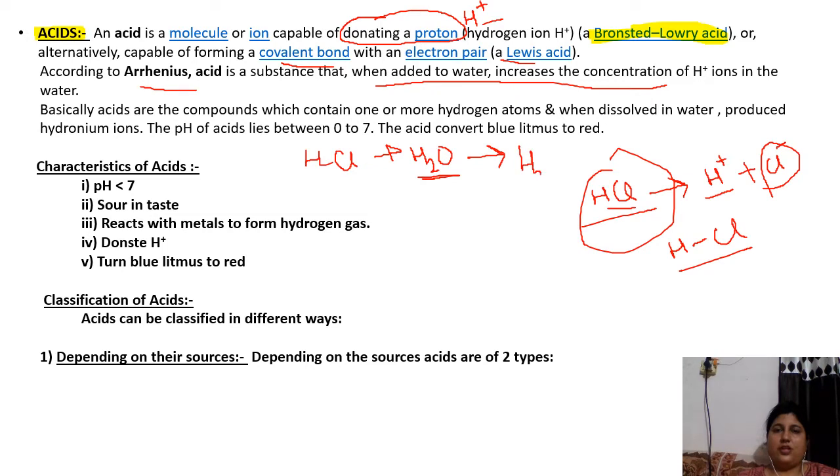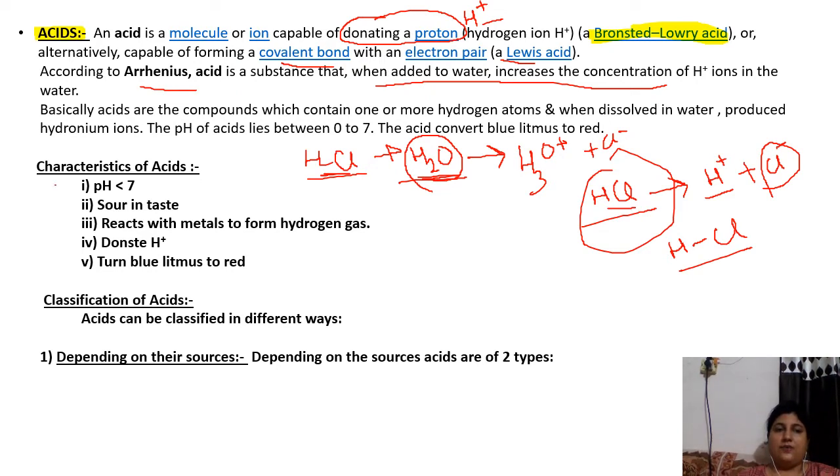So water converts into H3O+ plus Cl-. We know very well that water is neutral in nature because it is amphoteric. Amphoteric means a substance which acts as acid as well as base. So water is amphoteric. When it reacts with acid, it behaves like a base. और बेस क्या करते हैं? They receive the hydrogen ion which is donated by acid. तो जो HCl H+ ion lose कर रहा है, that will be accepted by this water molecule.